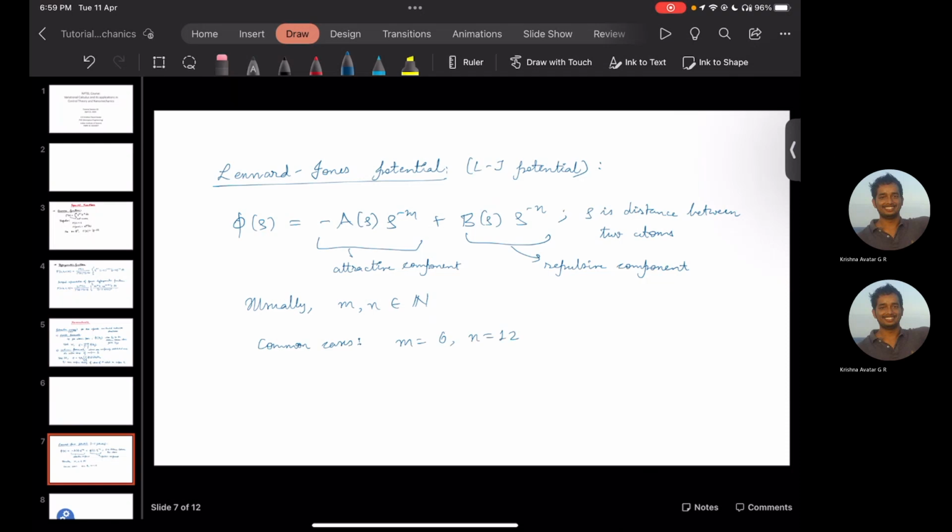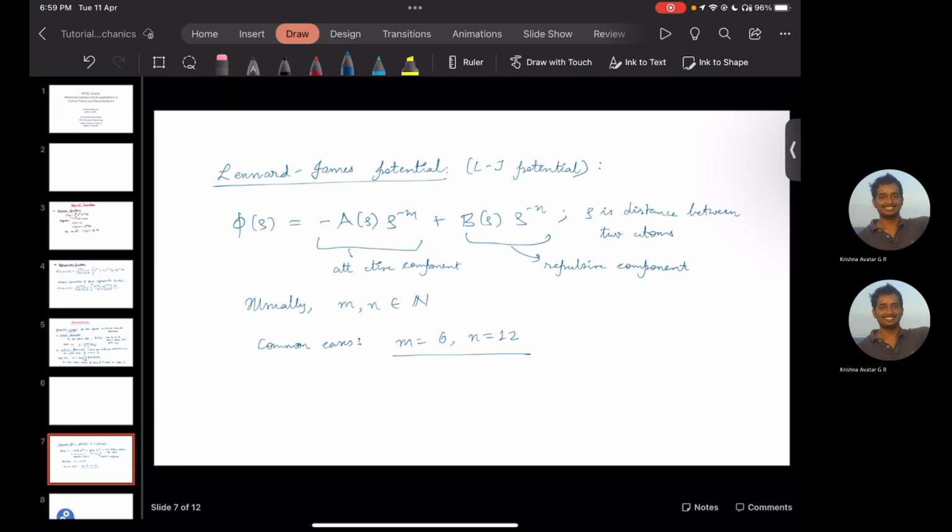This is what we typically take for many systems to define our Lennard-Jones potential. Sorry, it's Jones, not James.